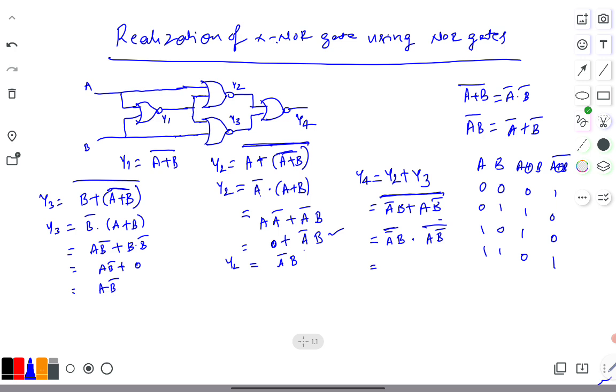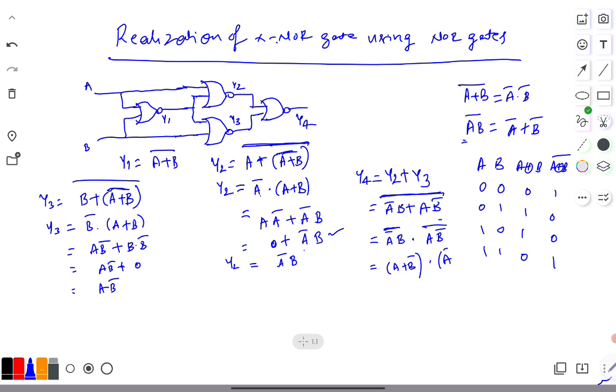Now next apply De Morgan's theorem again. Here A plus B bar, this theorem I am applying. Next dot, A bar will get cancelled, A B bar is equal to A bar plus B bar, this will get cancelled.